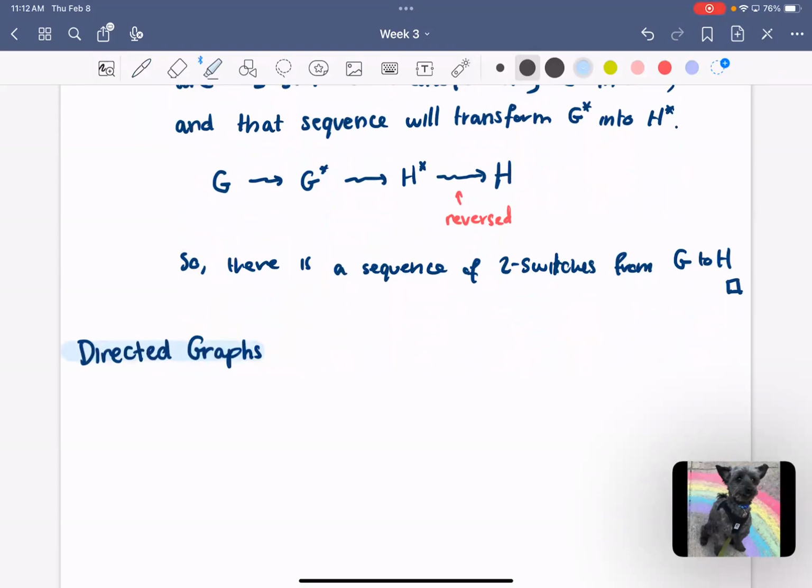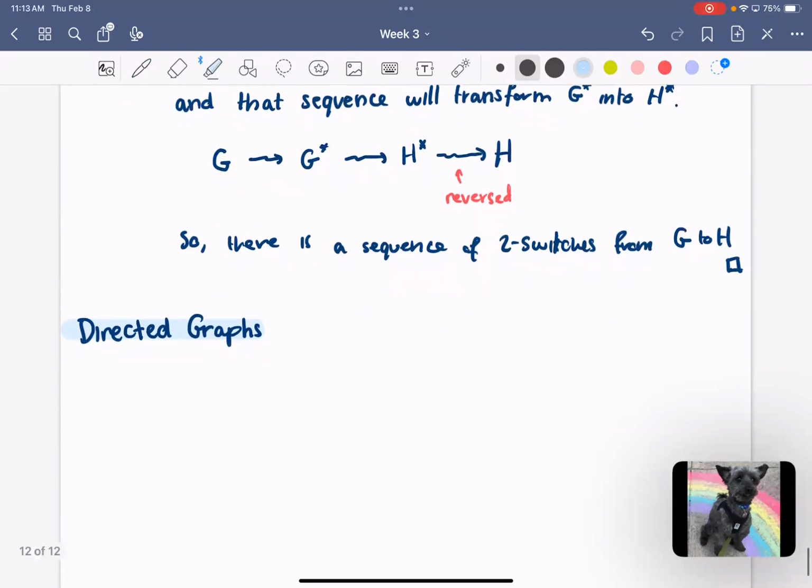A lot of this is just going to be definitions and mostly just translating definitions that we already know for graphs into this new setting, which is directed graphs. So a directed graph, oops, make a definition.